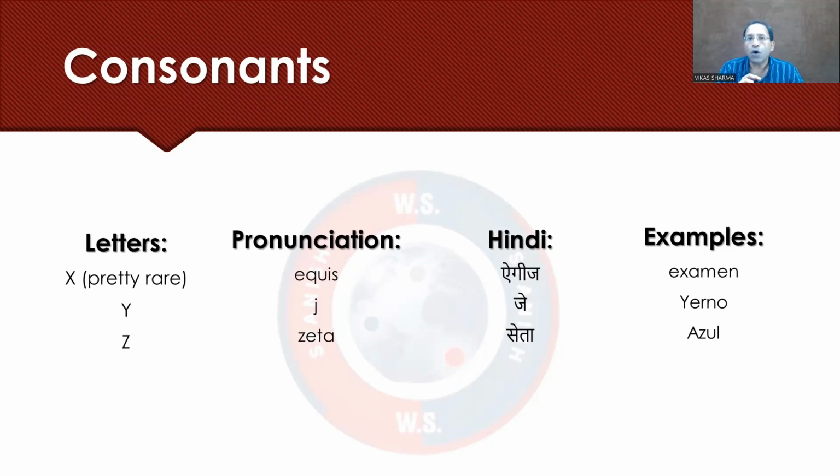Next, if you want to find the meaning of a word, always use a dictionary. I suggest the Collins dictionary. It's for Spanish language, and for all other languages you have Collins dictionary. So I suggest you buy a Collins pocket dictionary and always look for the meaning of the word in the dictionary.